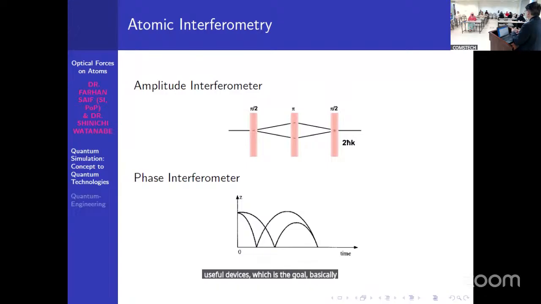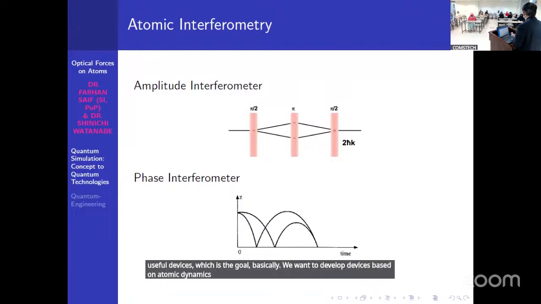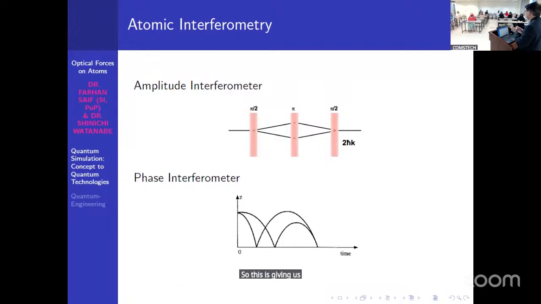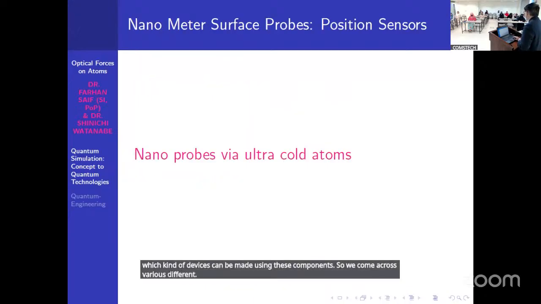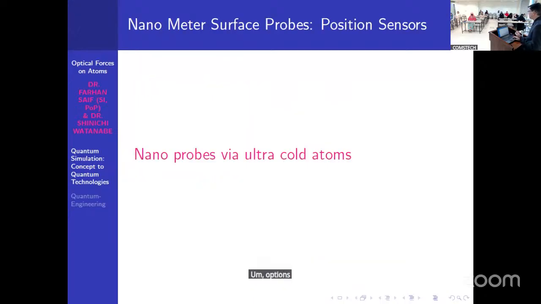We want to develop devices based on atomic dynamics and atoms, multiple atoms. So this is giving us the basic components to build all those devices. If we move onward and want to see which kind of devices can be made using these components, we come across various different options, various different devices, which we shall be discussing.